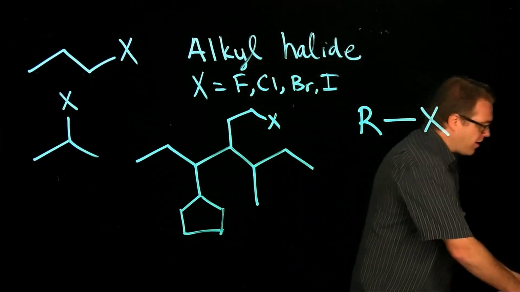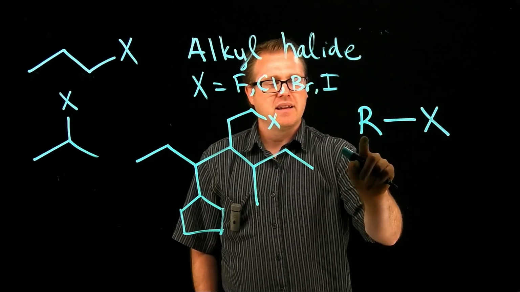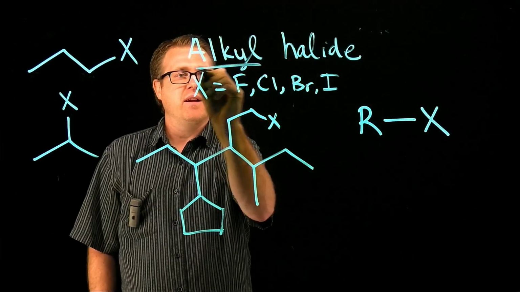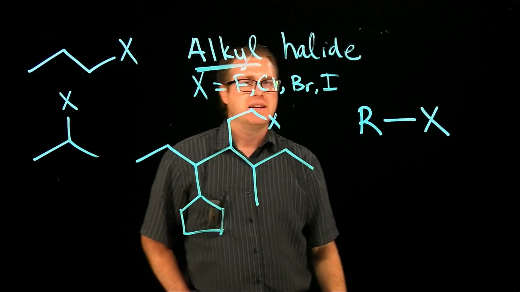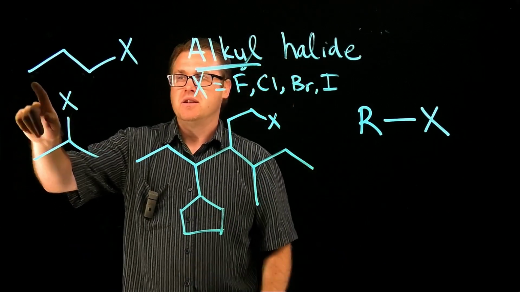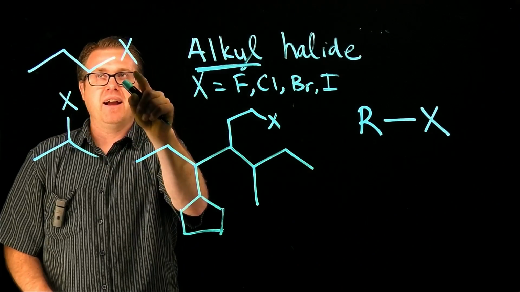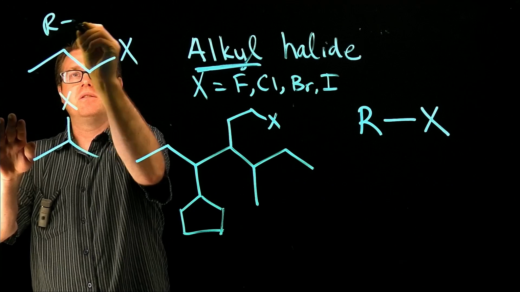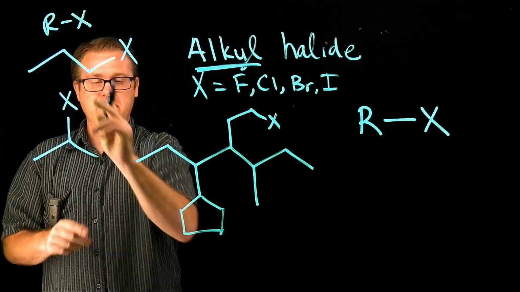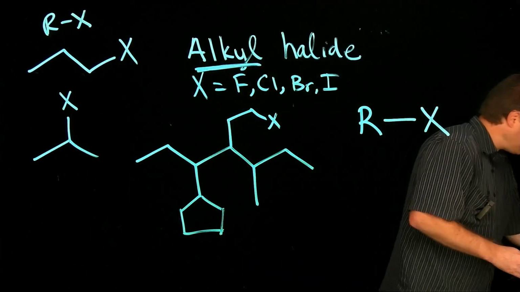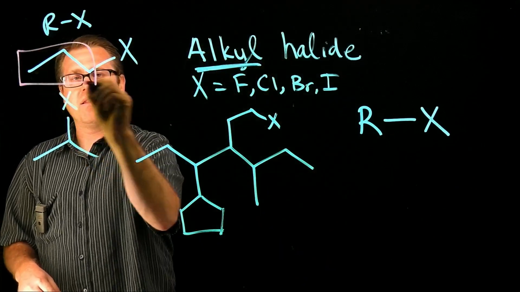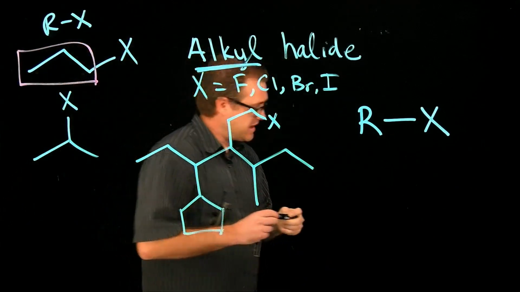So that R is telling us anything that is alkyl. So this word right there. And alkyl is simply just carbon chains. So this alkyl halide here can be represented like this. And so the R group in this particular alkyl halide is going to be, oh wow, that was squeaky. Let's get a different marker.